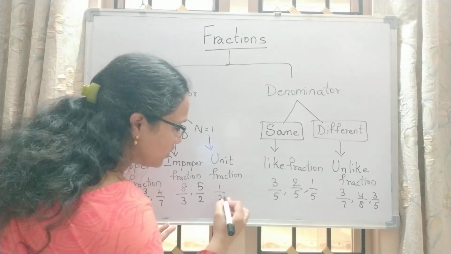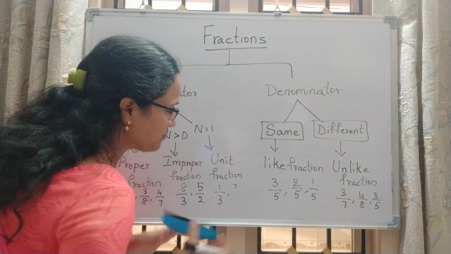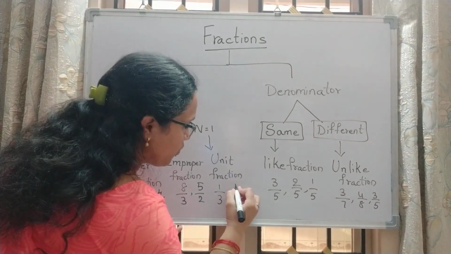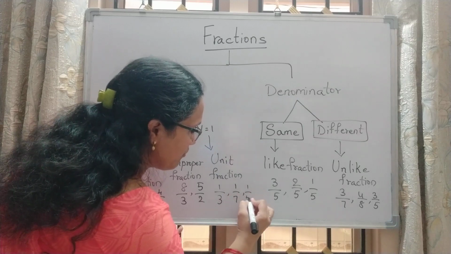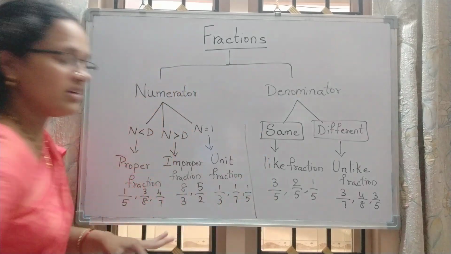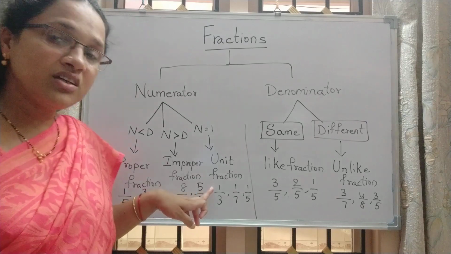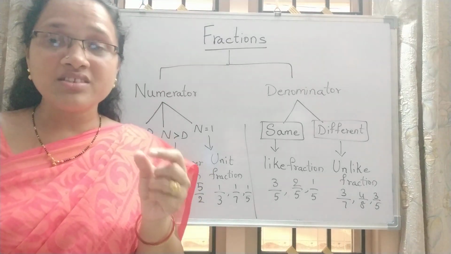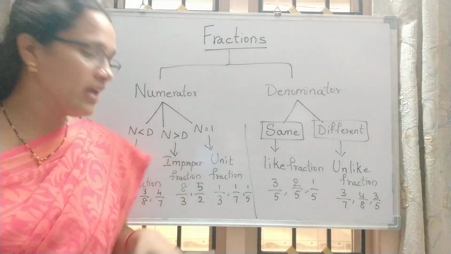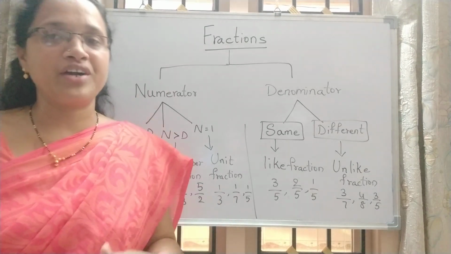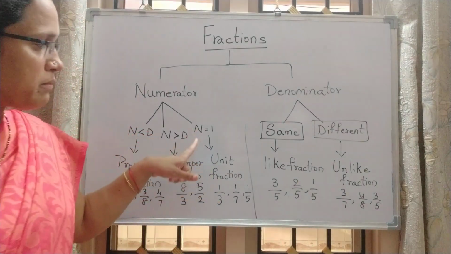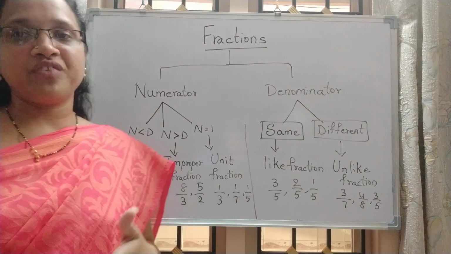So, 1 by 3, 1 by 7, 1 by 5. There is no variation: the numerator stays constantly 1 and the denominator varies with different numbers. Such fractions we call unit fractions.